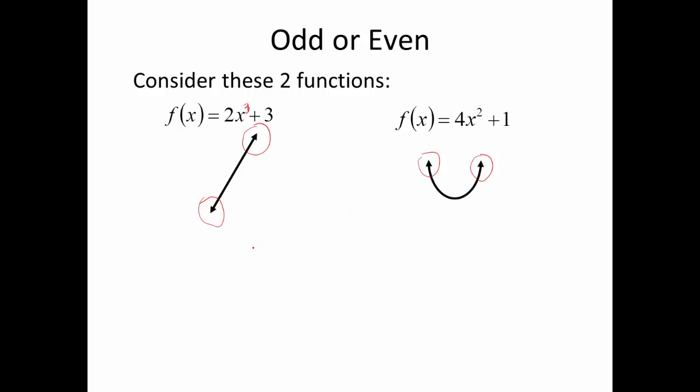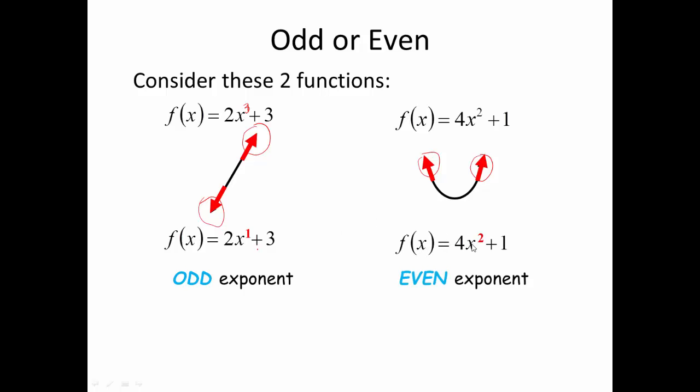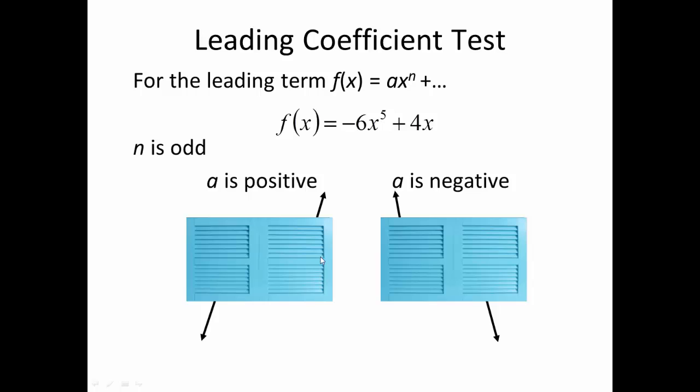All right, so this says that 2x to the 1 power plus 3, that's an odd exponent. And 4x squared plus 1 is an even exponent. That's an even.